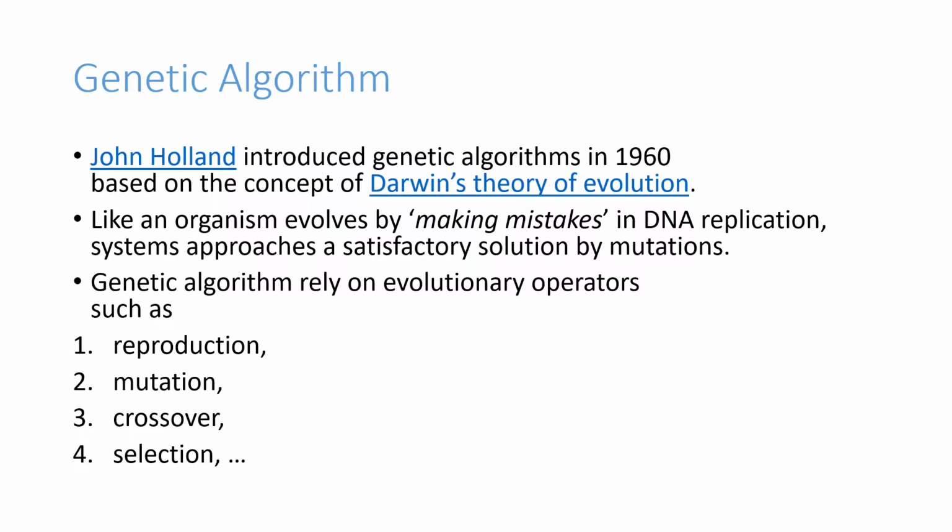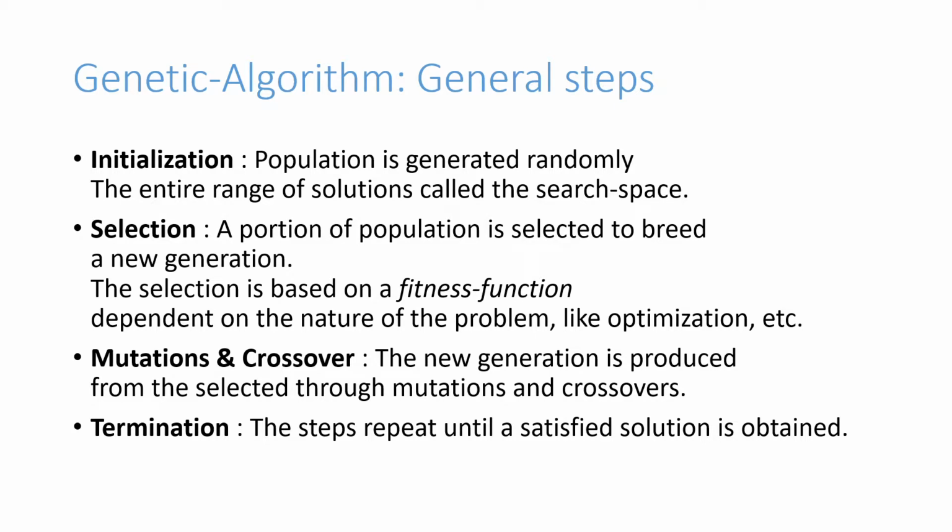Like in evolution, the system achieves satisfactory solutions by making mistakes. There are four genetic operators or evolutionary operators used in this algorithm: reproduction, mutation, crossover, selection, etc.